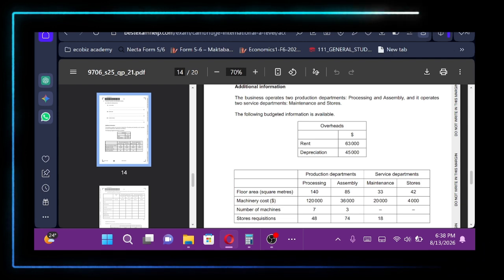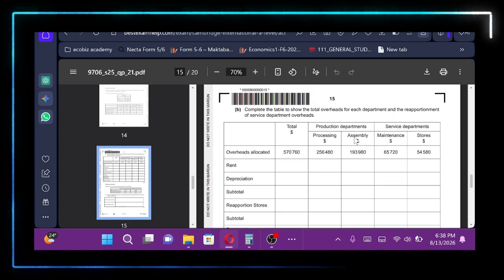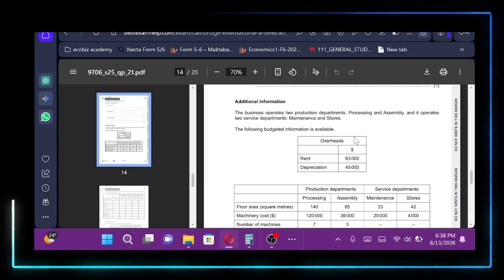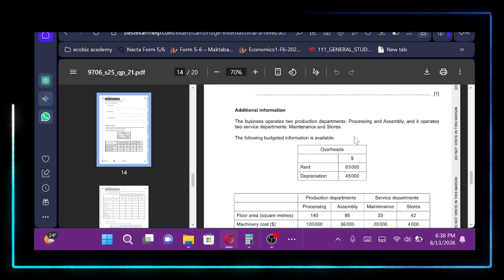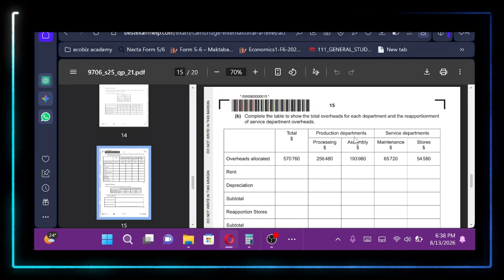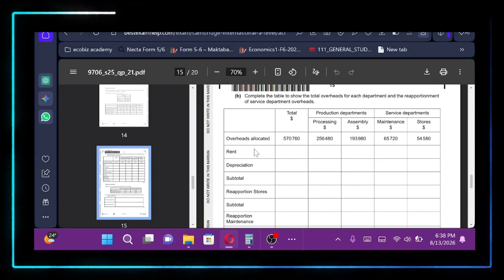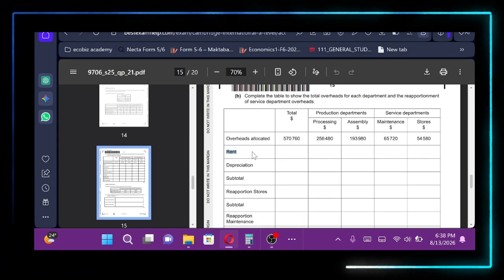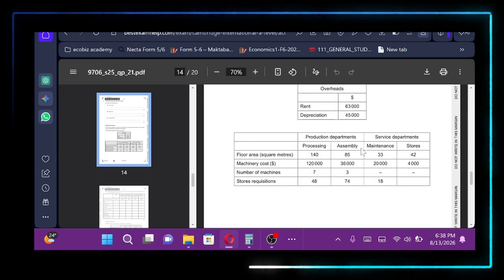First of all, you must understand what this is. This question is under the topic of cost, if I'm not mistaken. So how are we going to solve this? Let's start with rent.